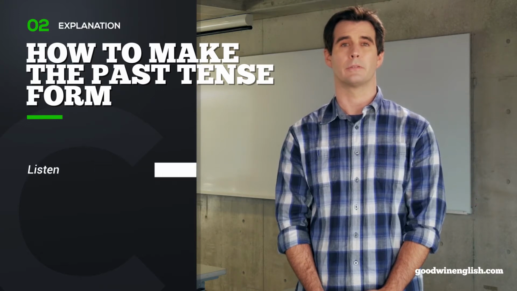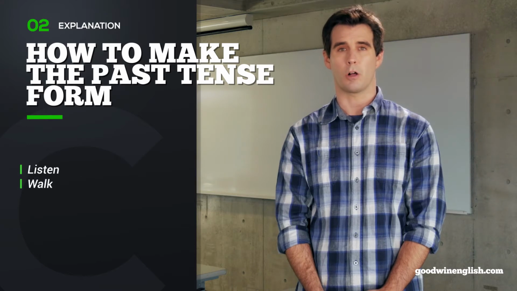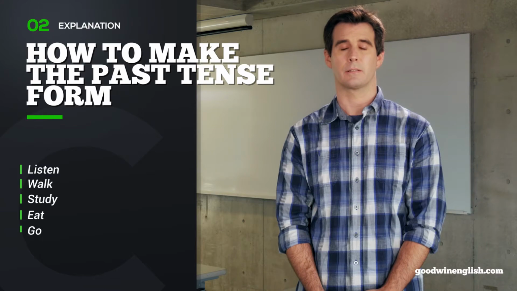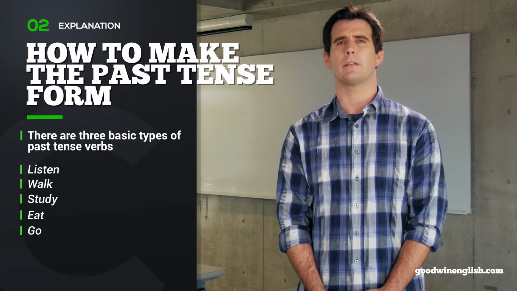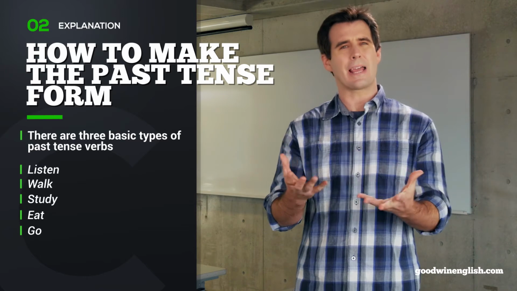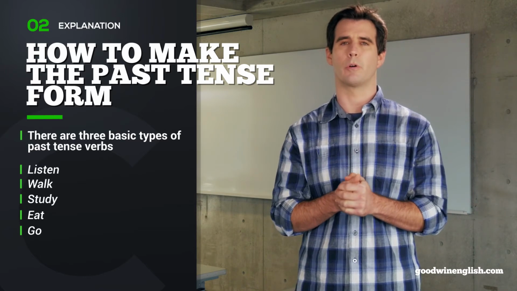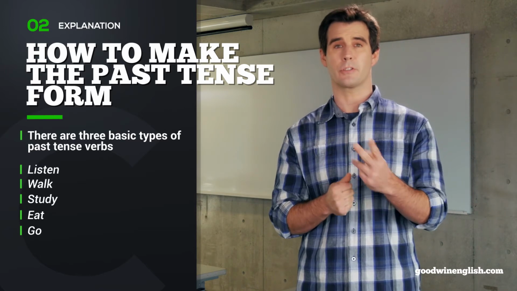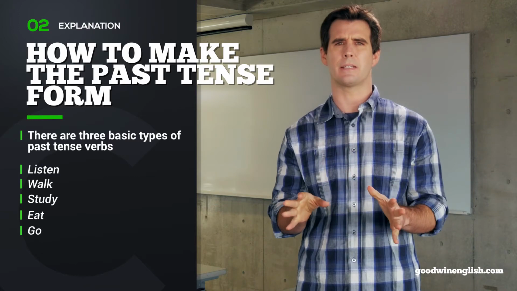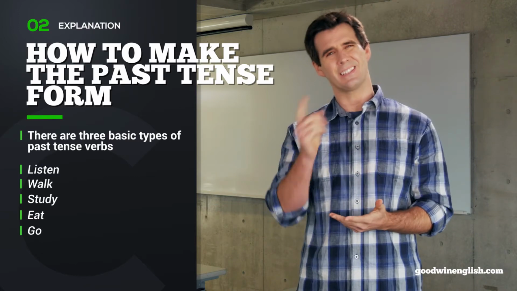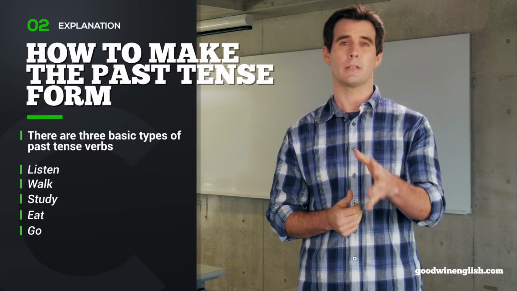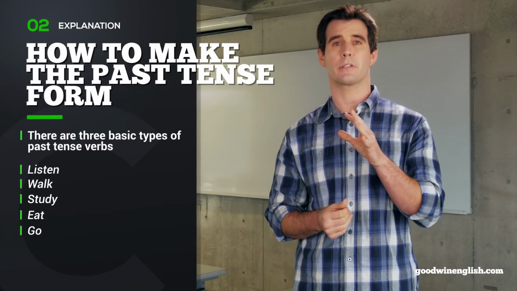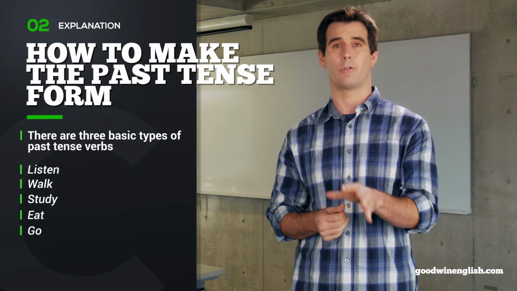We have listen, walk, study, eat, and go. There are basically 3 different types of past form verbs. The first 2 are very easy to remember, and the last one is a little difficult. Let's take a look at the first type of past form verb.